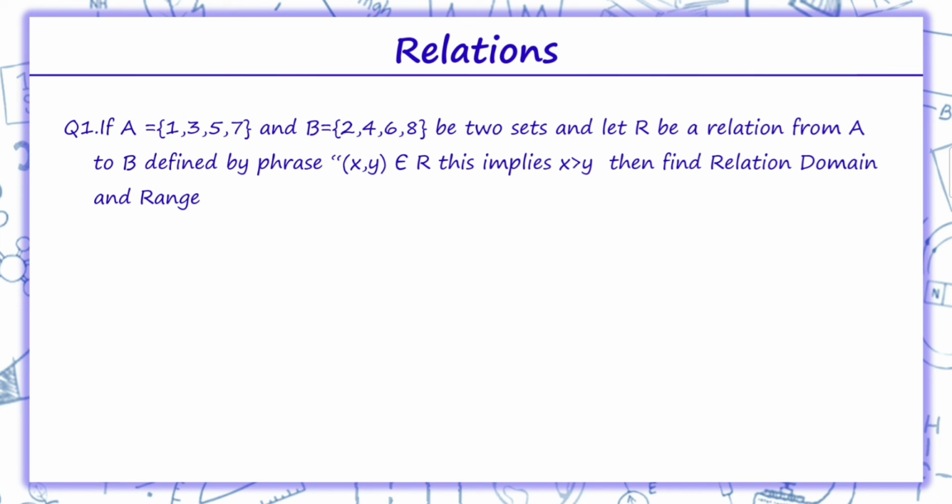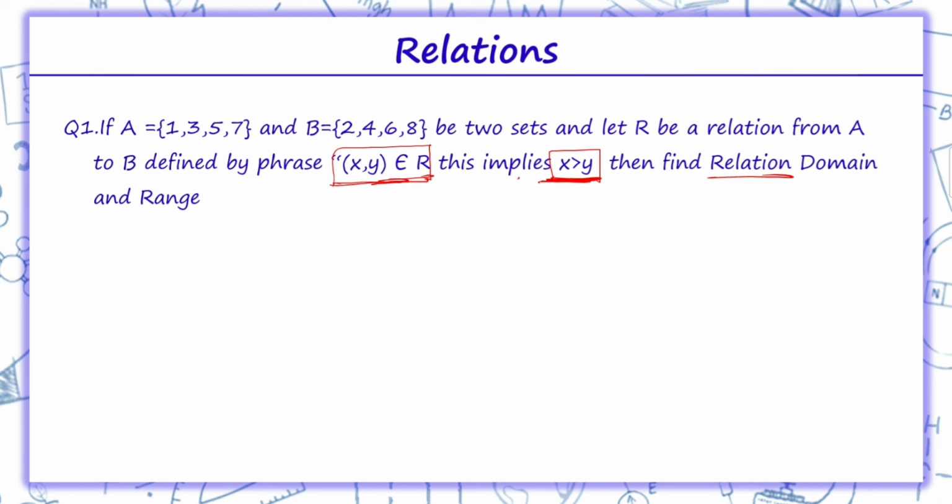Now coming to the question part. The first question is: if A is equal to 1, 3, 5, 7 and B is equal to 2, 4, 6, 8 be the two sets, let R be a relation from A to B defined by the phrase (x, y) belongs to R implies x is greater than y.